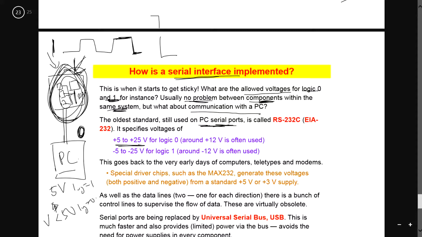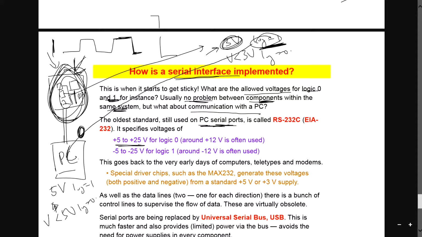For this system over here, for example, if it's 3 volts, then your logic equals 1, and if your voltage is less than 3 volts, then the logic equals 0. So if you want your logic to be 1, you supply 3 volts. However, if you transmit your data to the PC now, the PC reads that only if it is 5 volts is the logic 1, otherwise it equals 0.